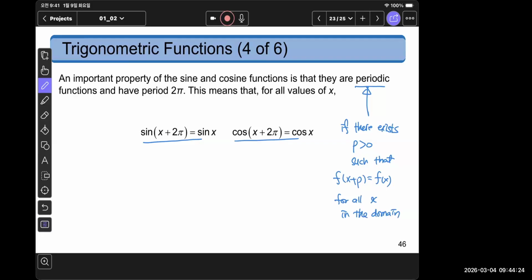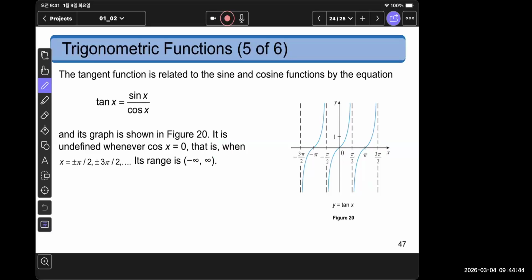Then we call such a function a periodic function. And the smallest positive p in that case will be called the period. So in the case of sine and cosine, the period is 2 pi.